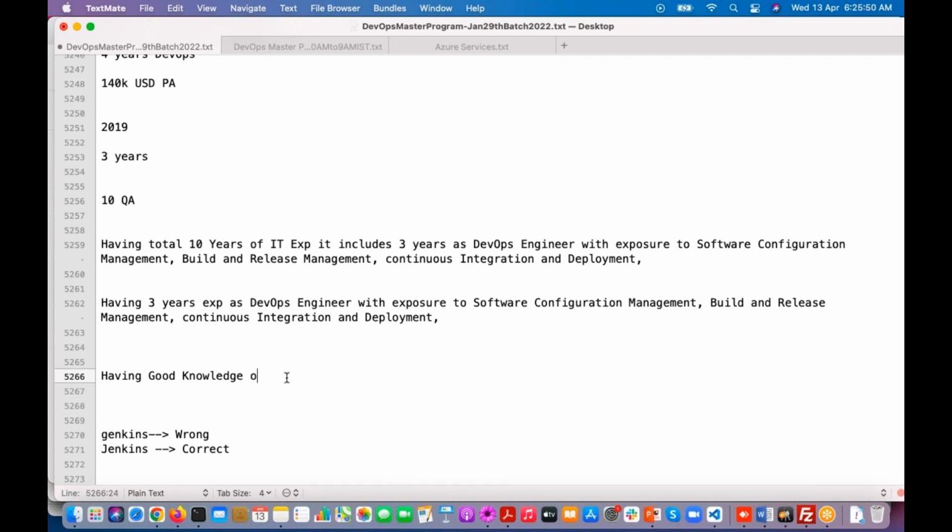Having good knowledge on Kubernetes, for example. Suppose you take Git Bash and Bitbucket, having good experience on Bitbucket: are both the same or both different?